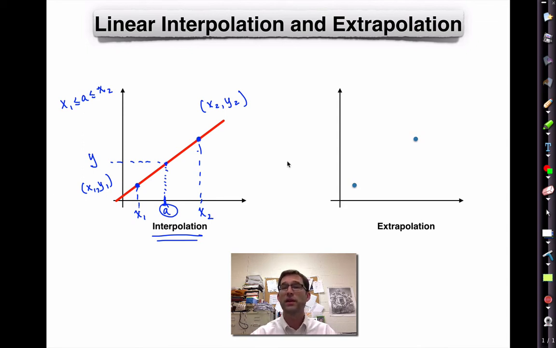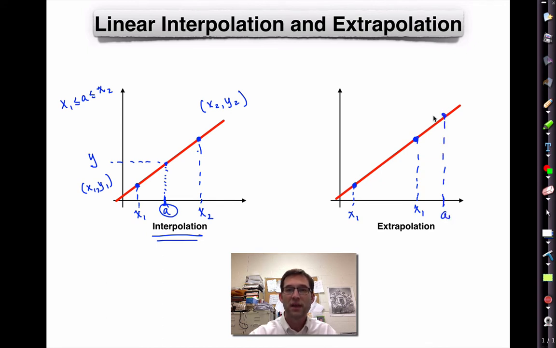On the other hand, extrapolation is the same idea, except we're going to try to predict the y value for an input that is outside of the two inputs that were given. So now I want something out here.